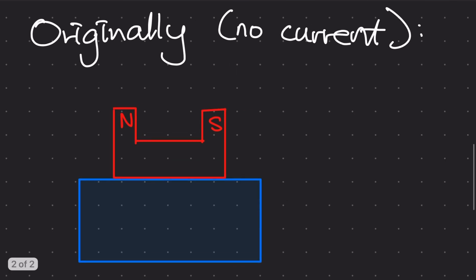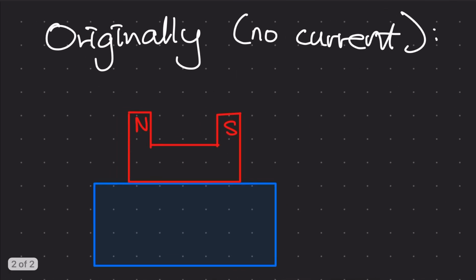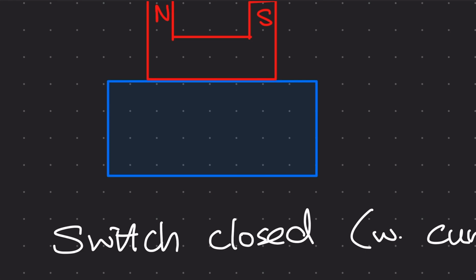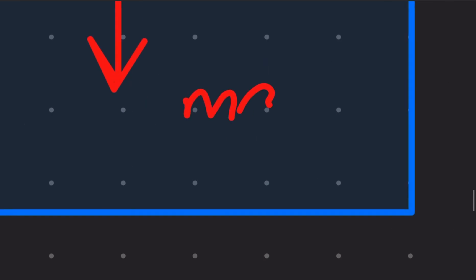So let's say originally there's no current flowing. I will not bother to draw the wire, so just imagine there's a wire, but no current flowing through. Originally the magnet itself does have an mg. There's always a weight for any object you might have, and the mg does not change.